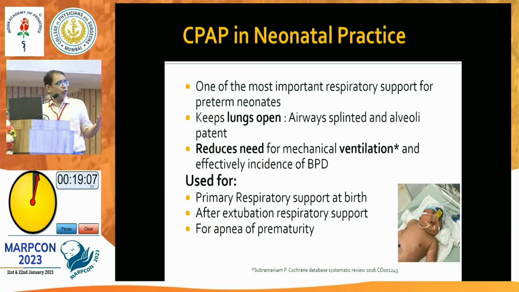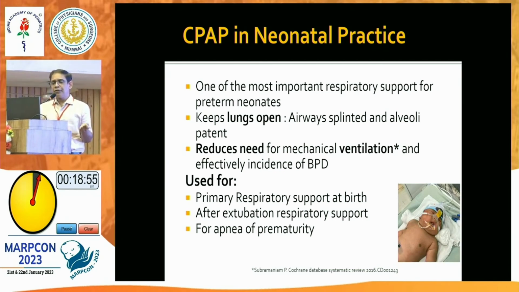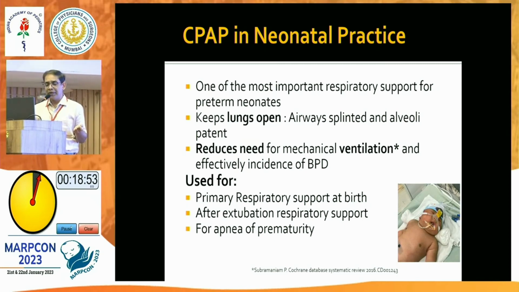CPAP is one of the most important respiratory supports for preterm neonates. It helps by keeping lungs open. It also reduces the need for mechanical ventilation and eventually reduces the incidence of bronchopulmonary dysplasia.